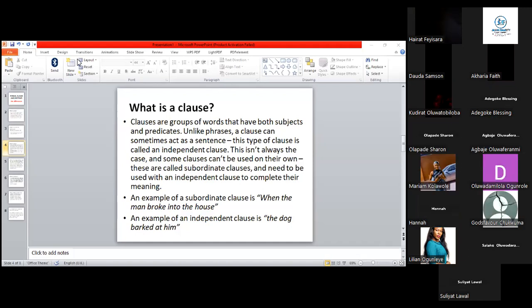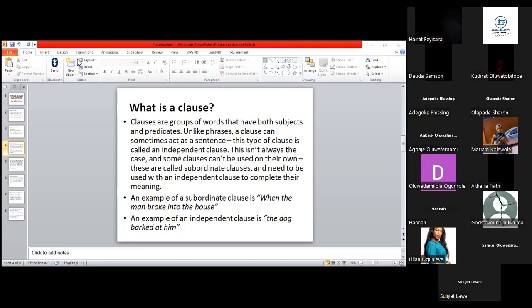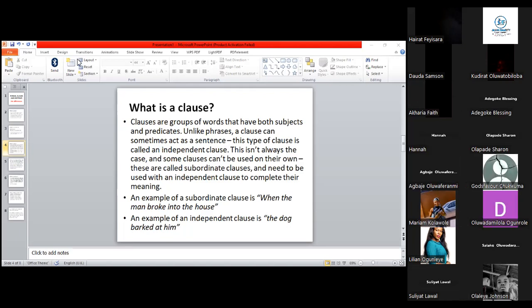However, there are some clauses that cannot express a complete thought. Rather, they can be attached to a clause that can pass a direct message or that can express a complete thought. A clause that can express a complete thought is an example of what we call an independent clause.